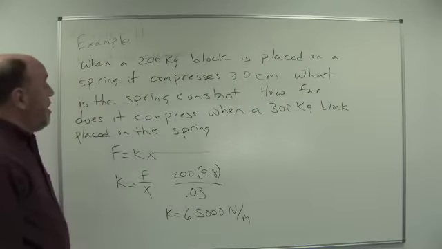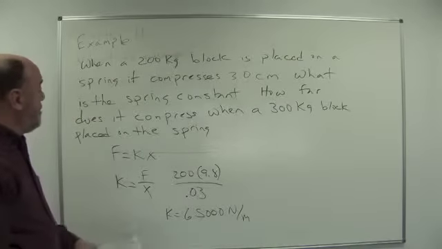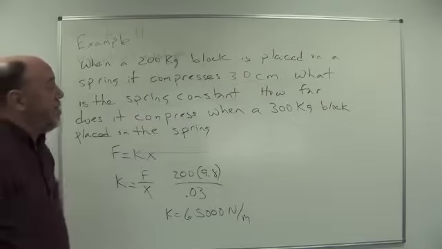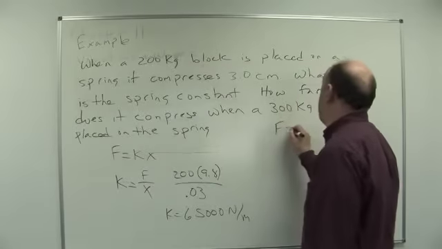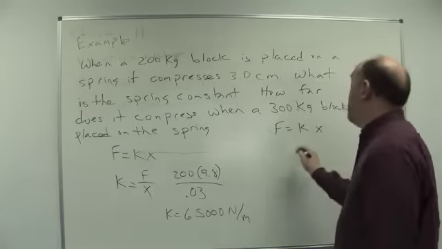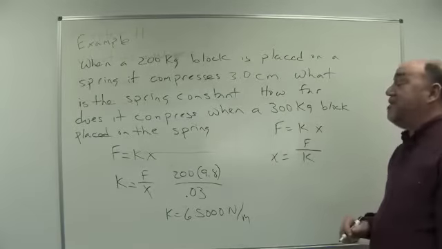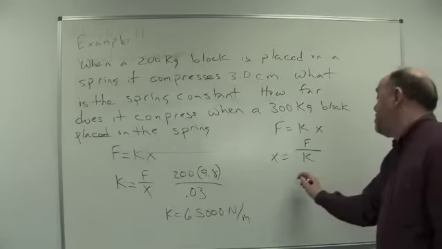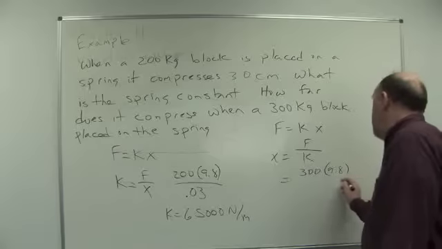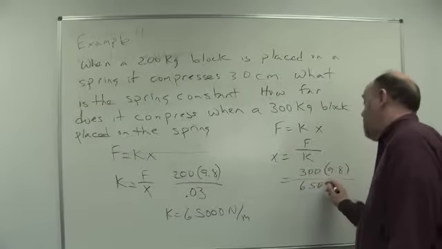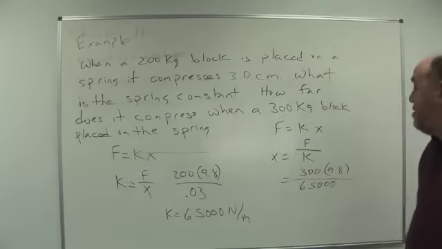And so now that we know the K value, we can figure out how much the spring will be compressed, given that now the mass is 300 kilograms. So again, we have F equals Kx, and so now X will be the force divided by the K value. And here the force will be due to the weight of the new block, so 300 times 9.8 divided by 65,000 newtons per meter.